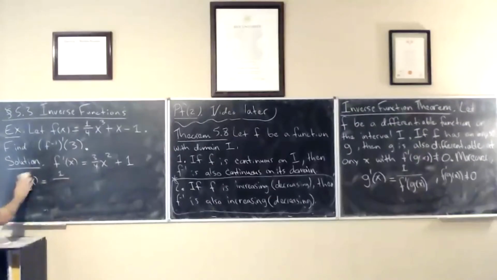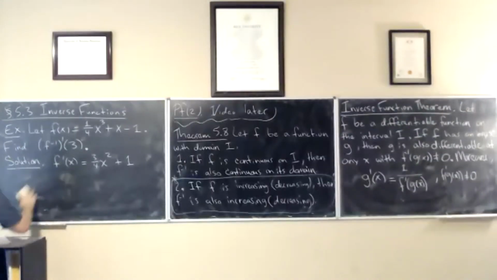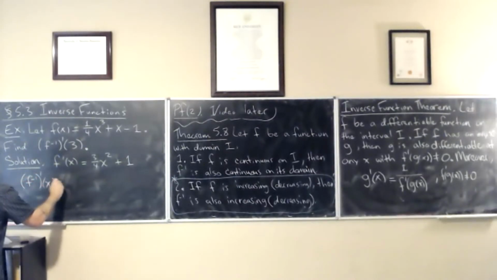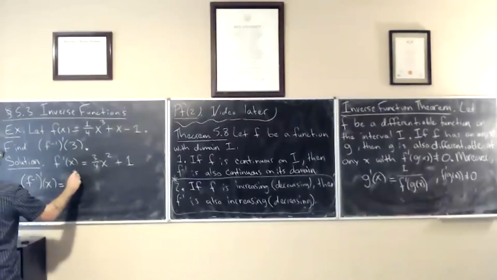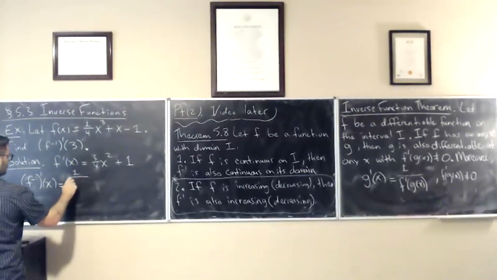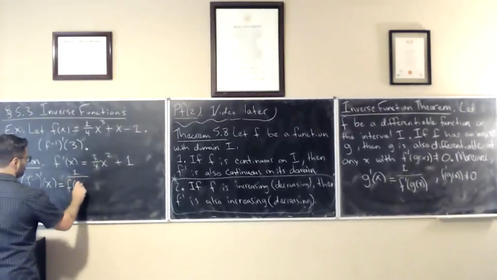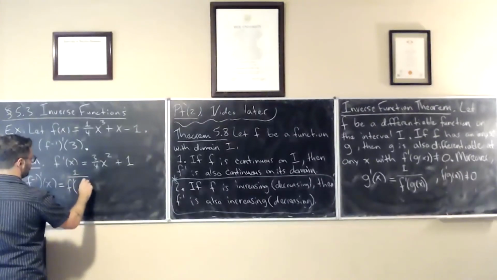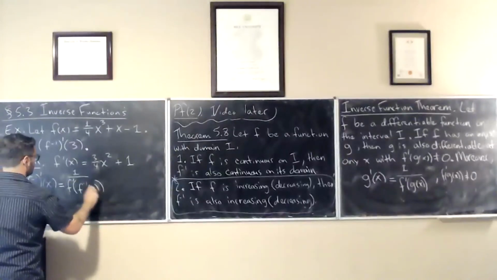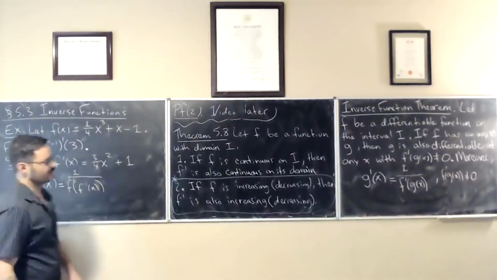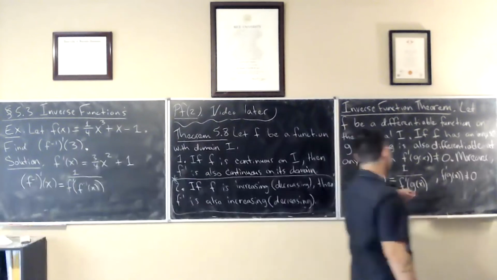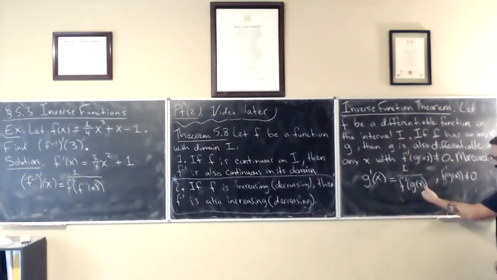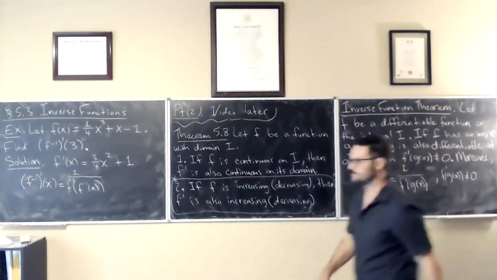I'll just use the other notation instead: f inverse prime of x is equal to 1 over f prime of f inverse of x. So all I did was rewrite this in terms of f inverse instead of g.